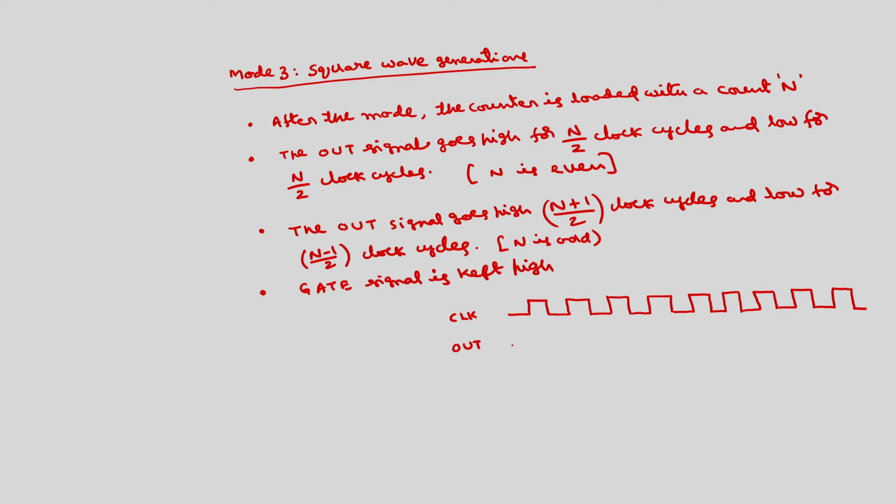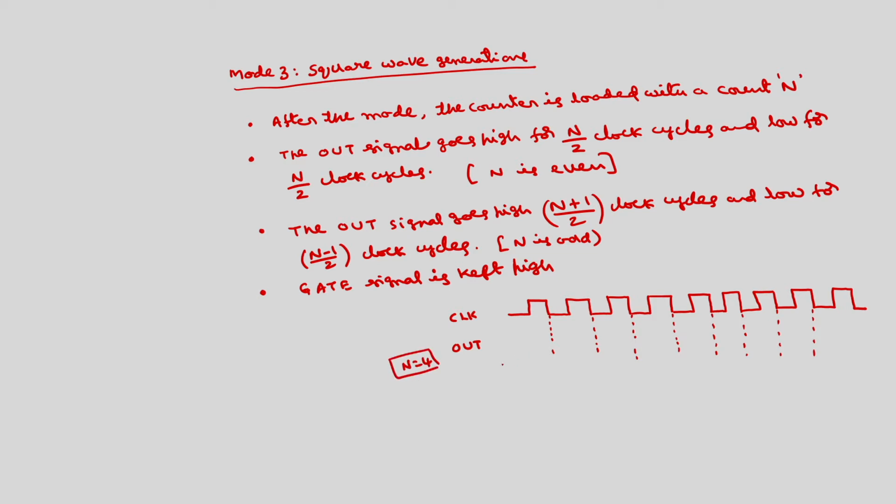First I will draw for n equal to even. We know that the change occurs at the negative edge of the clock. As I have told, there are 3 counters, 16-bit presettable down counters, which operate on the negative edge. Suppose I take the out signal for n equal to say 4, an even number.